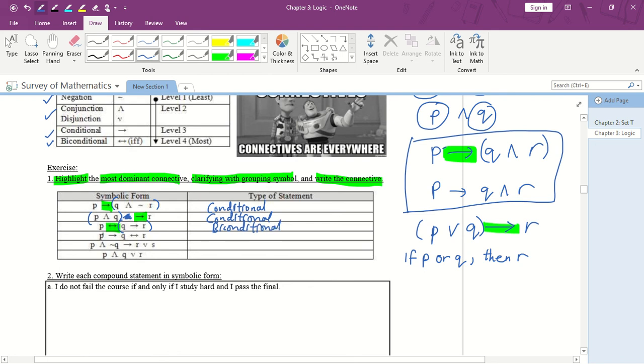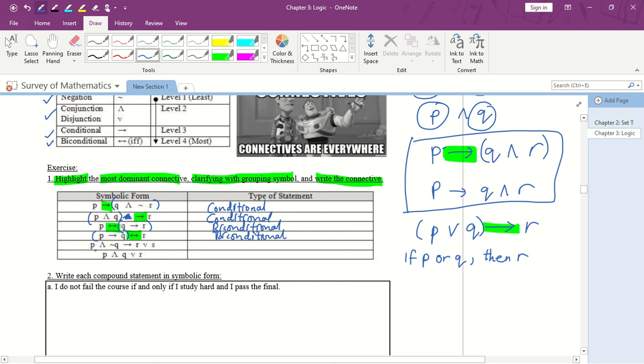And the next one, P conditional Q biconditional R. We know that the biconditional is the most dominant. So we know that P to Q is grouped together, and this is a biconditional statement.